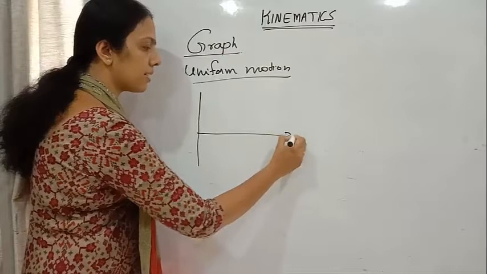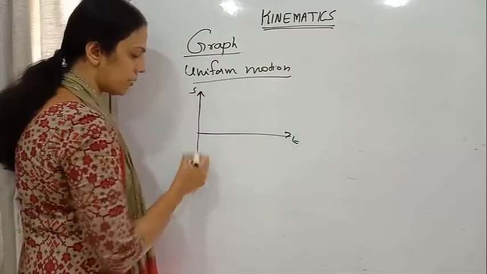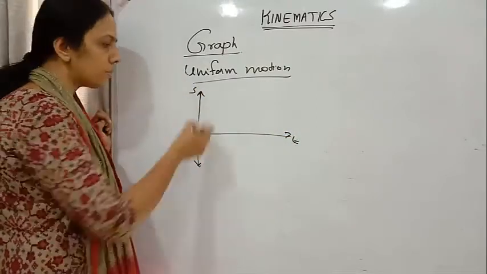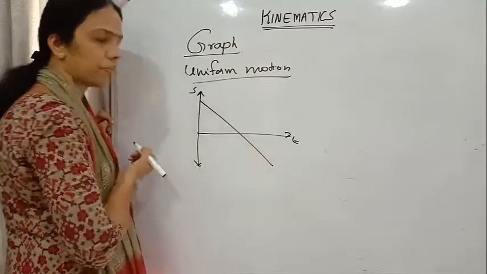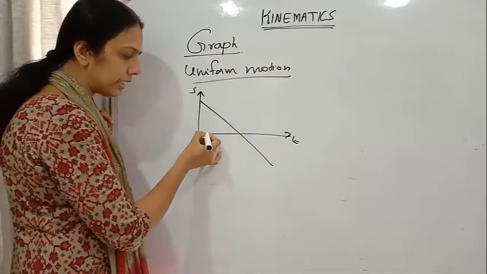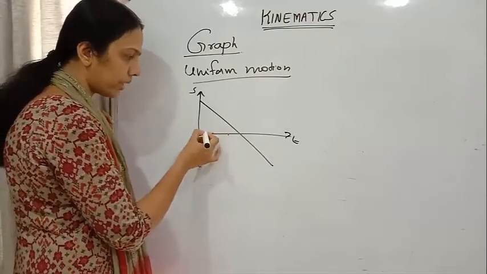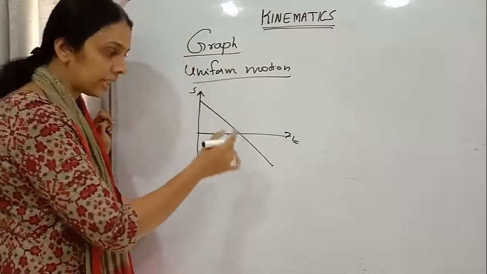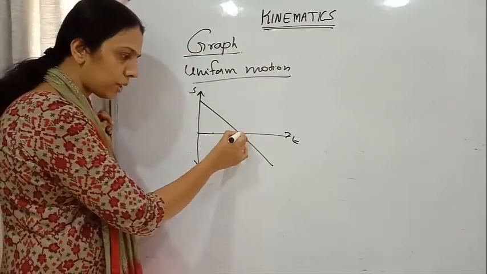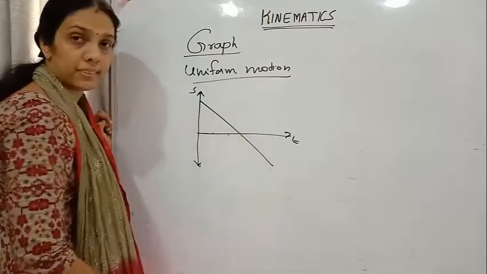Next I am going to draw one graph. Here this is time and this is displacement. Suppose I am getting the graph like this. When we are increasing the time, what is happening to the displacement? Displacement is decreasing, coming to 0 at one point and then going to the negative direction.